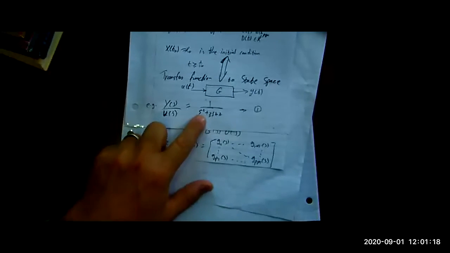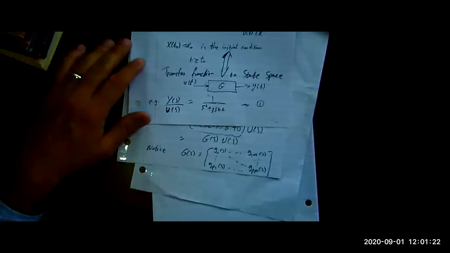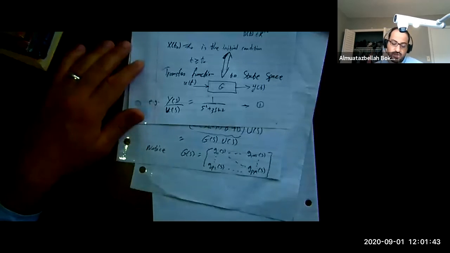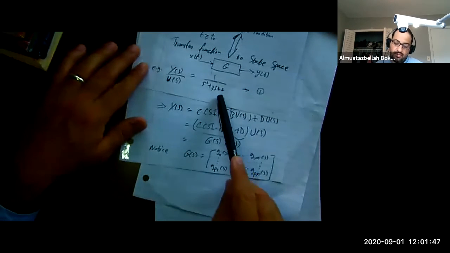So when we reach this matrix form, do we just take whichever G to correlate the output to the input? No. To answer your question, no. Okay, you're thinking about this one here.